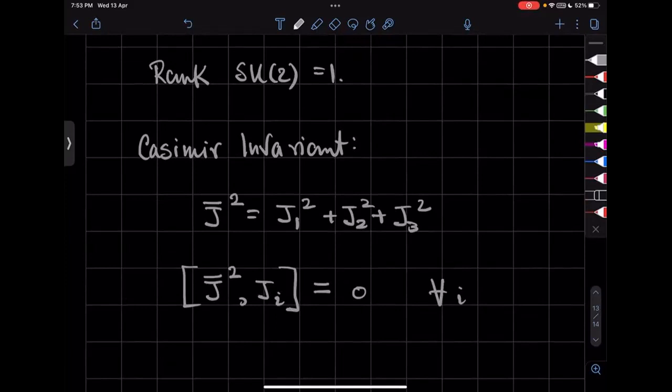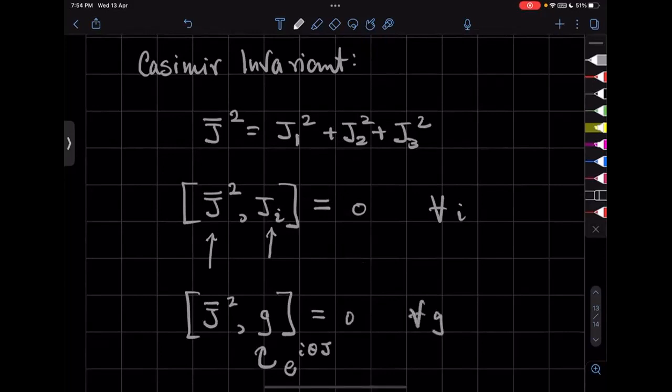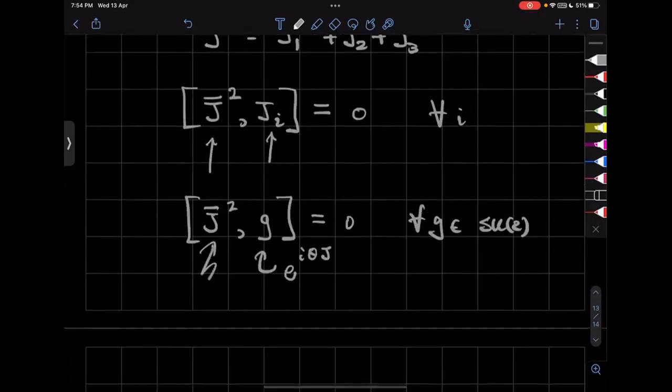Of course, if this operator commutes with all the generators, what will happen if I calculate its commutator with the group elements G, which have this form? It should also be 0, exactly, for all G in SU2. So what does it say about the form of J squared?